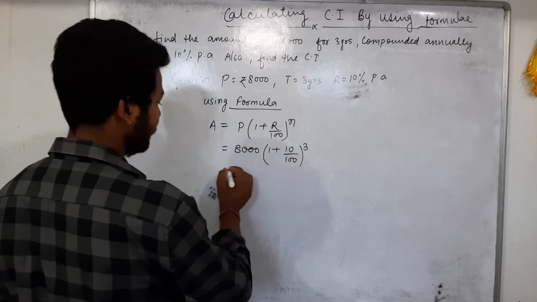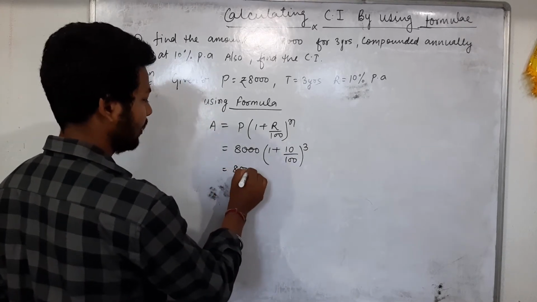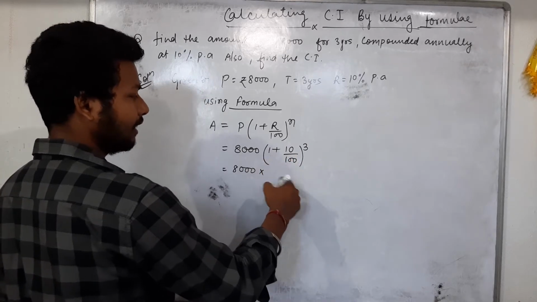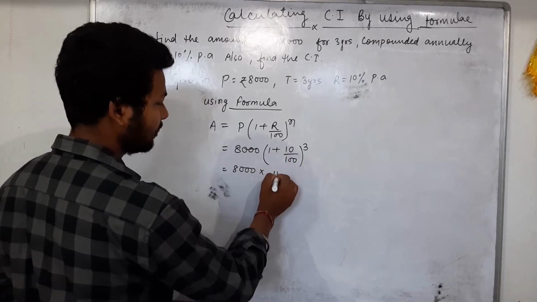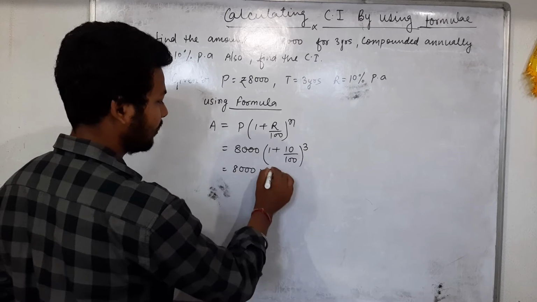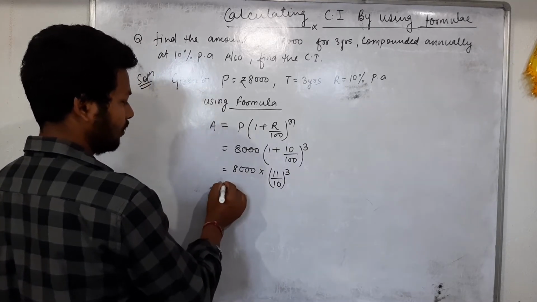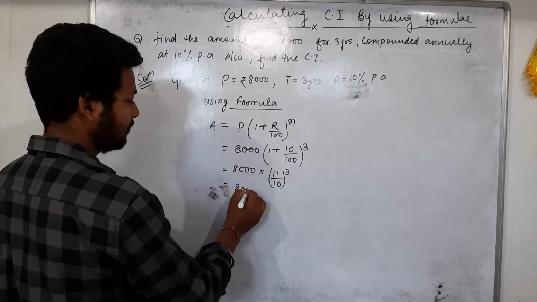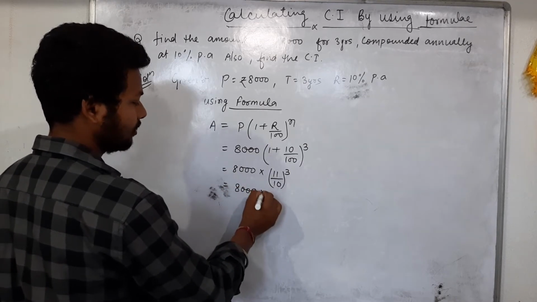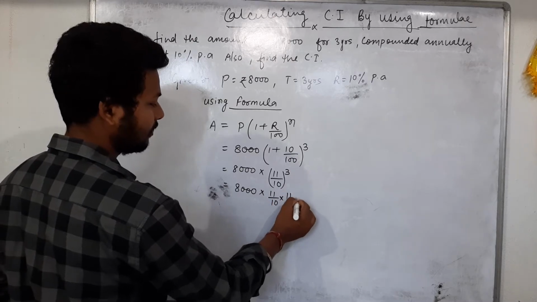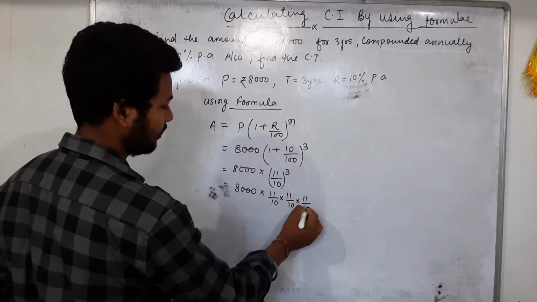See, this can be written as 8000 into 110 divided by 100, that can be written as 11 by 10 whole cube. So the next step will be 8000 into 11 by 10 into 11 by 10 into 11 by 10.